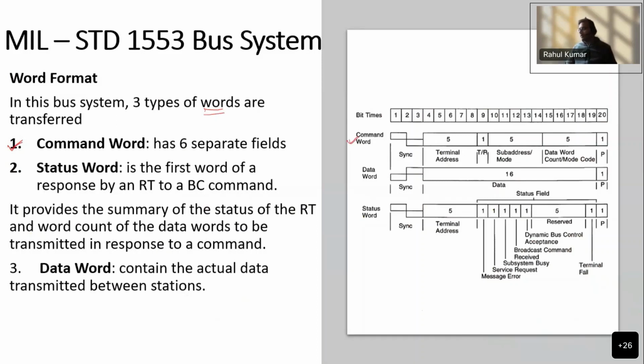So you have the synchronous bit, then you have the terminal address, and then transmission or reception, that is whether the data will be transmitted or received by the remote terminal. And then you have the sub address or mode, and the data word count, that is the number of words in your data. Okay.